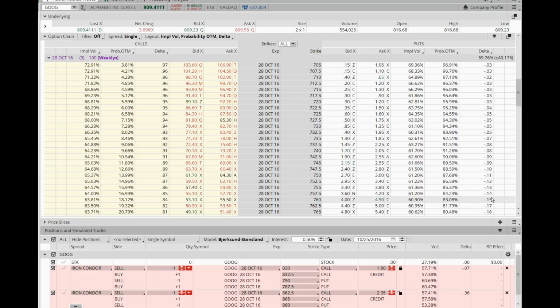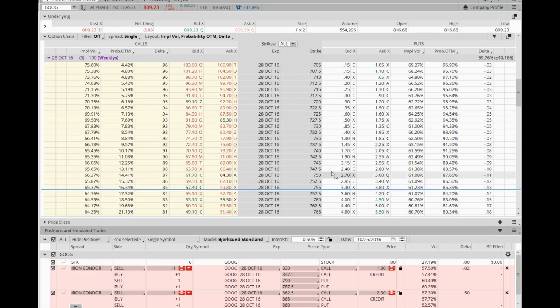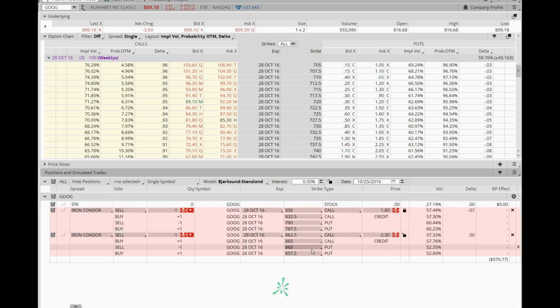The call side here for D15 is 760, then the hedge will be 7575. This is based on D15 numbers. I will not do this trade.